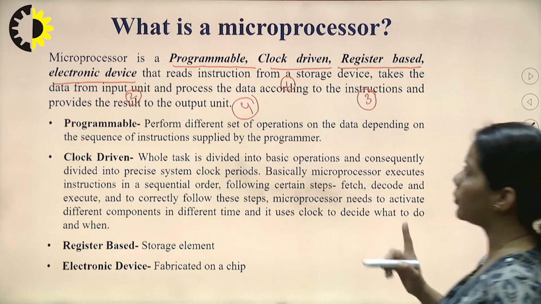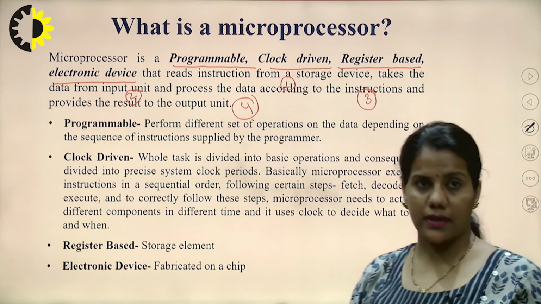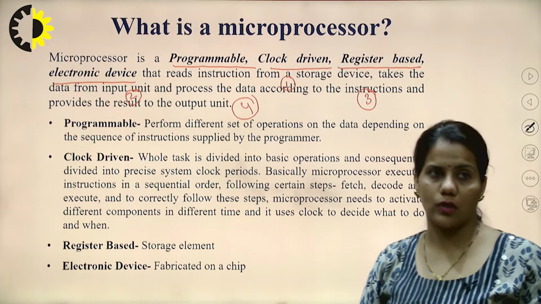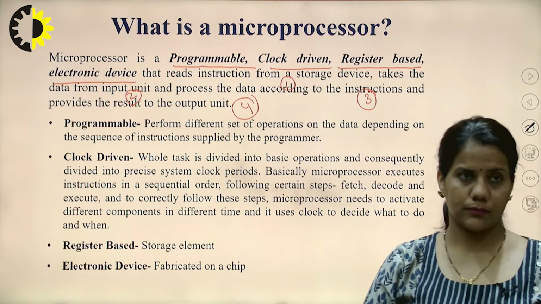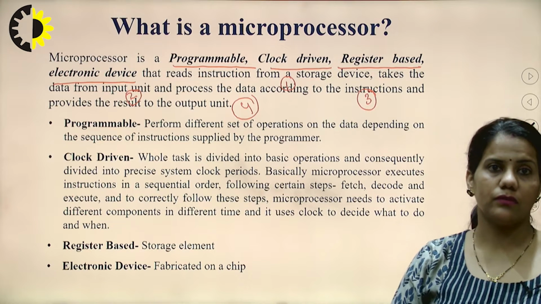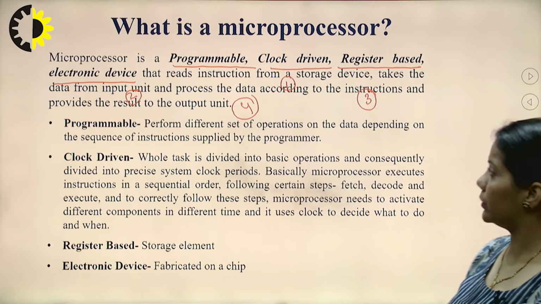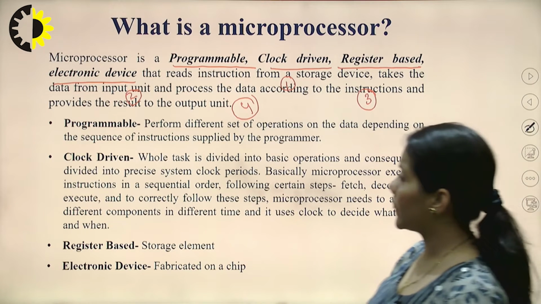So, there are four processes: it reads the instructions from the storage device, takes the data from the input unit, the second one, processes the data according to the instructions which we have stored, and it provides the result to the output unit. That is the fourth operation.